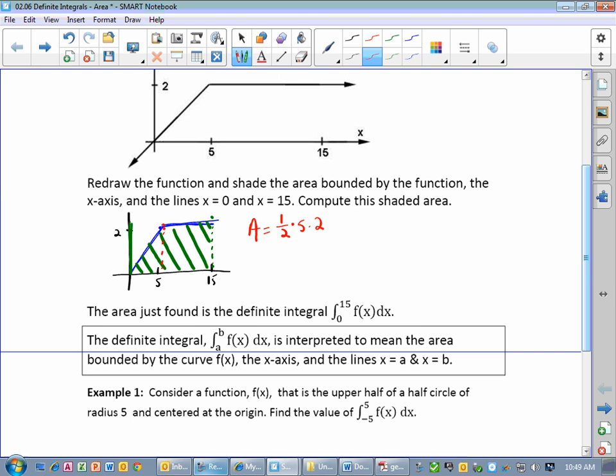So that gives the area of the triangle plus the area of the rectangle. Well, the base of the rectangle is 10, is 5 to 15, and the height is 2. So 10 times 2. And so half of 5 times 2 is 5 plus 20. And so the area is 25.